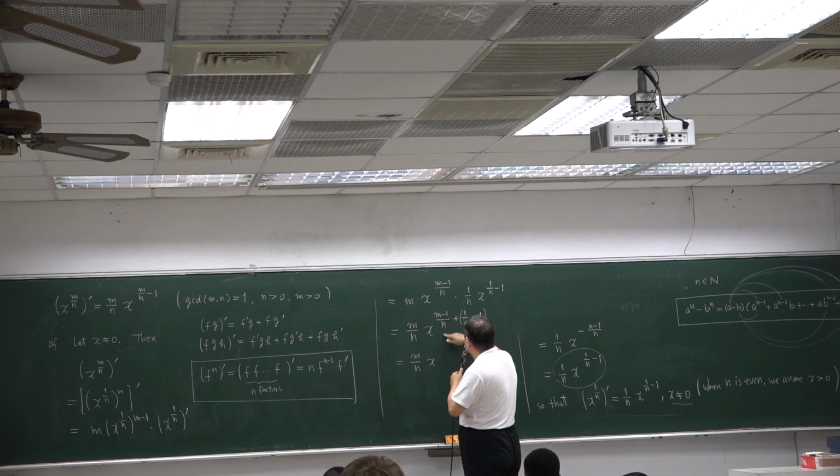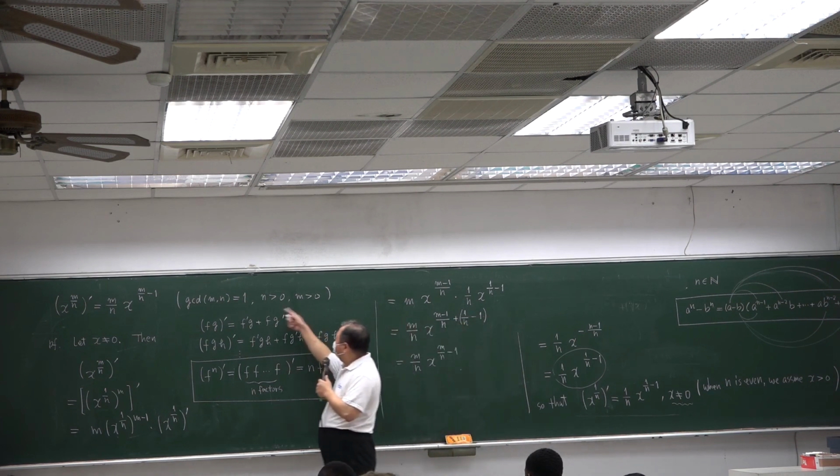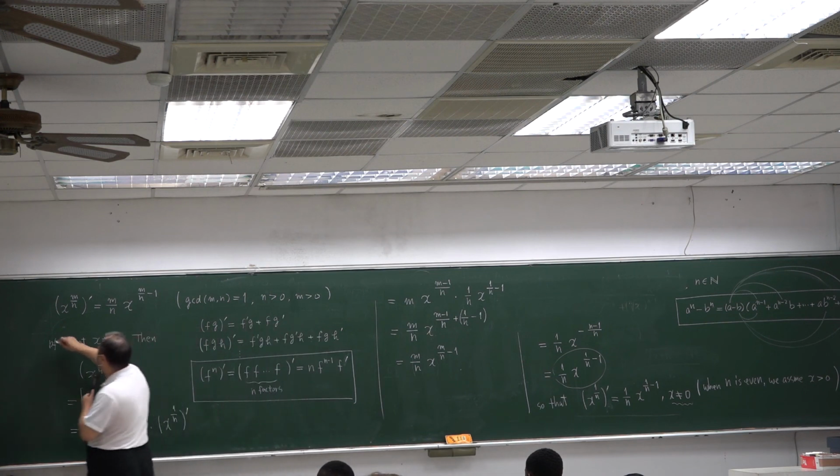Minus 1 over n plus 1 over n cancel. Again, m is not positive.